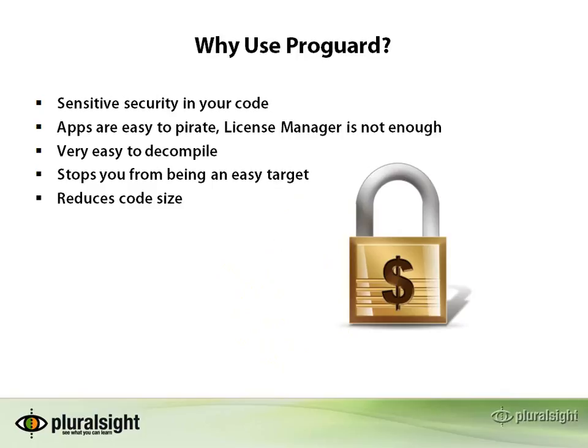Well, if you have some sensitive security inside your code, like for example, you have some password or sensitive data, or an algorithm that is proprietary, or anything that you'd want to protect, assume that when you put your application out there, someone can decompile your app and look at your class names and methods and algorithms. You just have to assume that because it's so easy to do today.